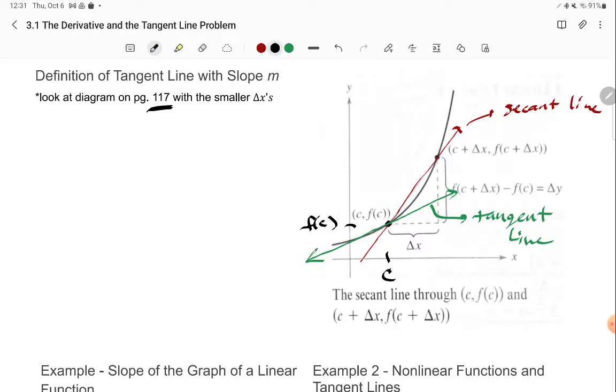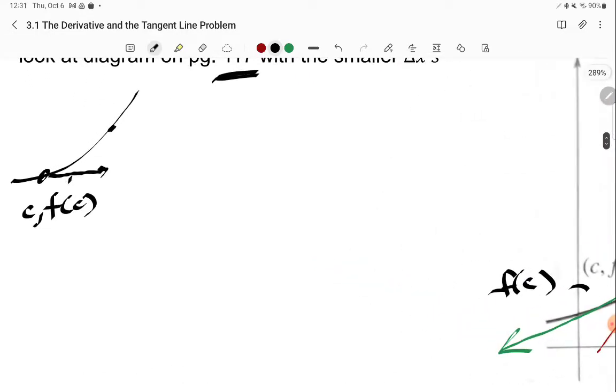So let's look at this picture that we have. Here is c, f of c, and we want to approximate the slope at that point. So we're going to take another point up here. Let me zoom in. This change right here is going to be the change in x.